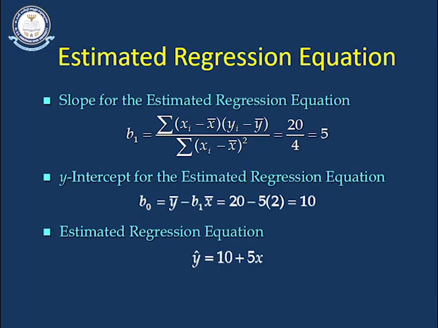Beta 1 equals sigma (xi minus x bar) into (yi minus y bar), divided by sigma (xi minus x bar) whole square. If you start inserting the data, you will get 20 by 4, which is nothing but 5. So your beta 1 value is 5.